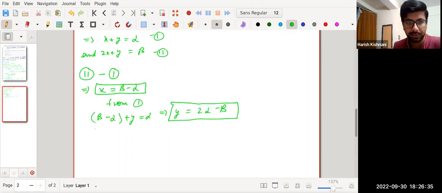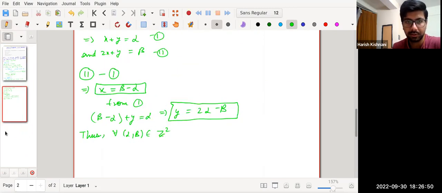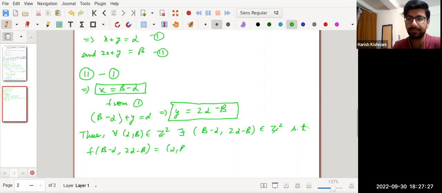And thus for all (alpha, beta) in Z square, there exist beta minus alpha and 2 alpha minus beta inside Z square, such that f of (beta minus alpha, 2 alpha minus beta) is (alpha, beta), right?